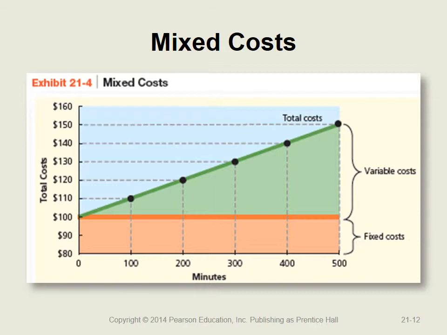If Smart Touch Learning uses the phone for 100 minutes, its total variable cost is $10, 100 minutes times 10 cents per minute. If it doubles the use to 200 total minutes, total variable cost also doubles to $20. That's 200 minutes times 10 cents per minute. And the total bill rises to $120. The fixed cost of $100 plus the new variable cost of $20.